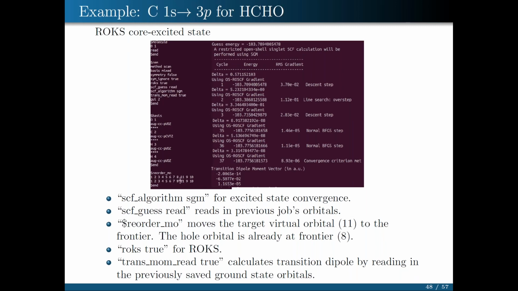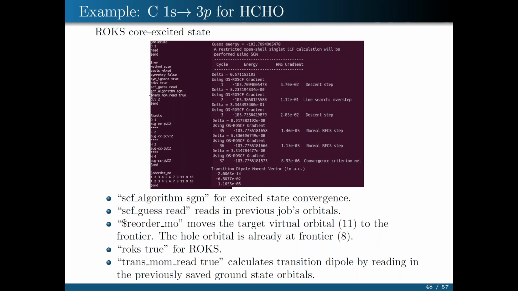So this orbital 8 now is the carbon 1s. However, we need to move our target virtual orbital, the particle orbital, to the frontier. So we moved 11 right next to 8 and pushed 9 and 10 further out. And then we have ROCIS true in order to make it run a ROCIS calculation.